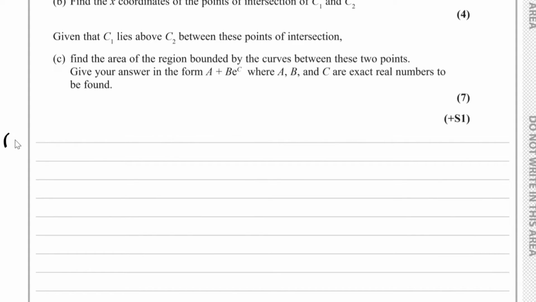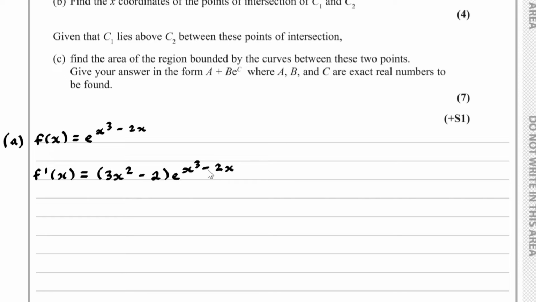So, for part A, if we are given f of x equals e to the x cubed subtract 2x, then f dash of x, well, we multiply by the derivative of the power, which is 3x squared subtract 2, and then we multiply this by e to the x cubed subtract 2x.